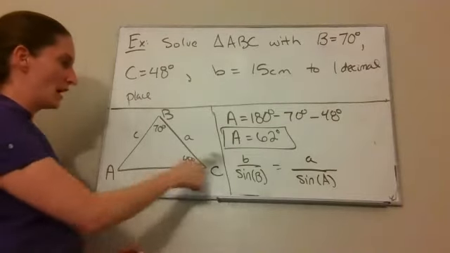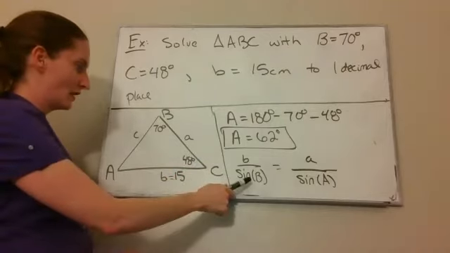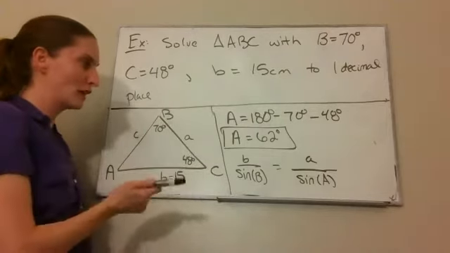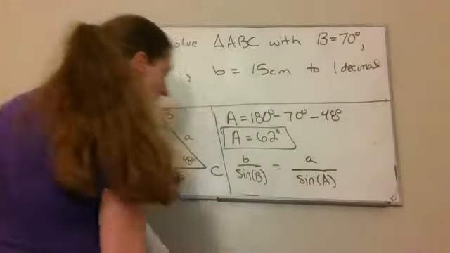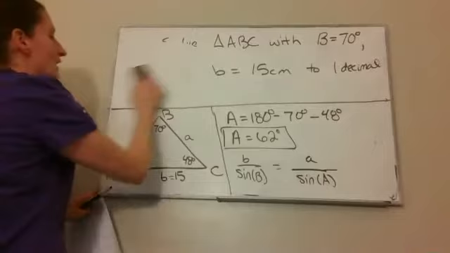I know little b is 15, sine of B would be sine of 70 degrees, and my angle A is 62 degrees.